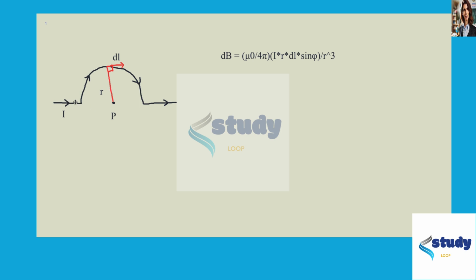So first, let's think about these straight sections of wire here. This term right over here, where we have I times dL times r times the sine of this angle, is really a cross product between dL and r. So we want to look at these two red vectors here.